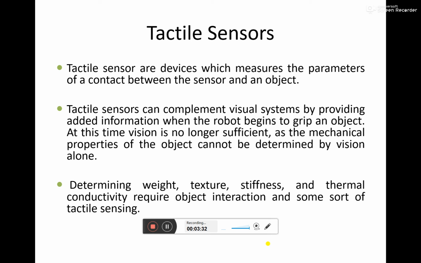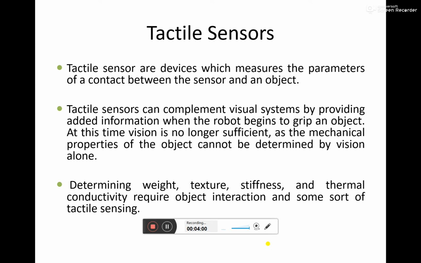You can determine the weight of the object, the texture of the object, the stiffness, the thermal conductivity, and other different things. These sensors will interact with the object to determine the weight, texture, and stiffness.